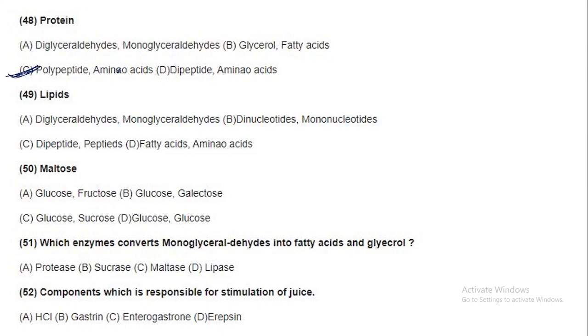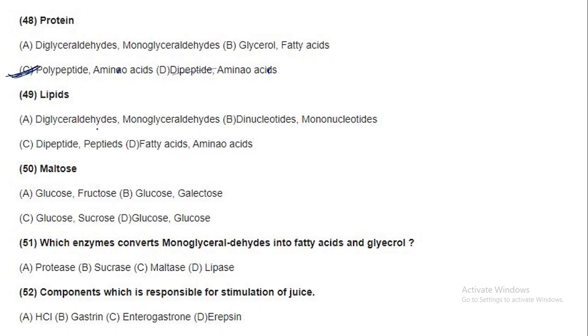It should be amino acids. Even this question, there has to be grace given here because dipeptide and amino acids are also right. So let's just consider polypeptide and amino acids because dipeptides are formed by digestion, right?